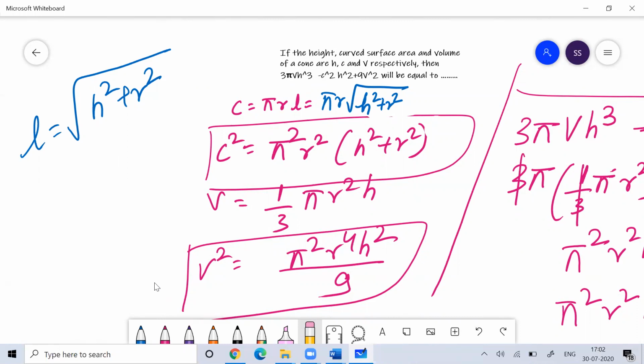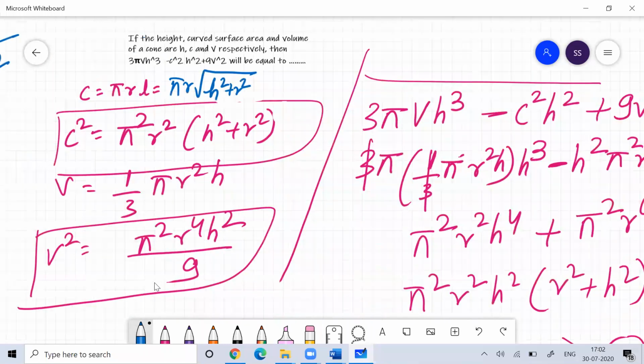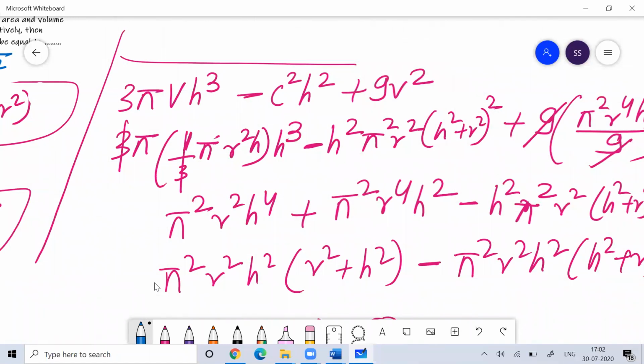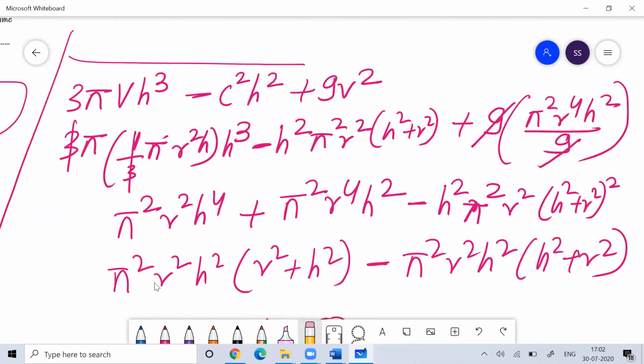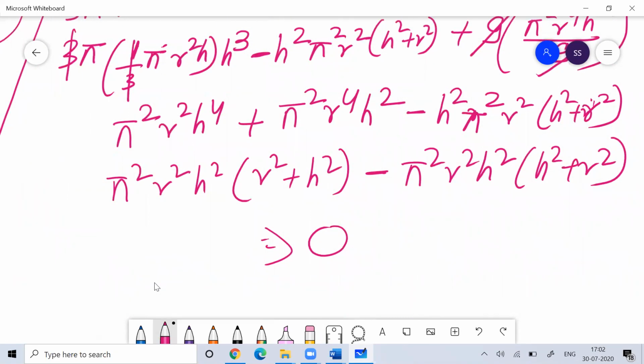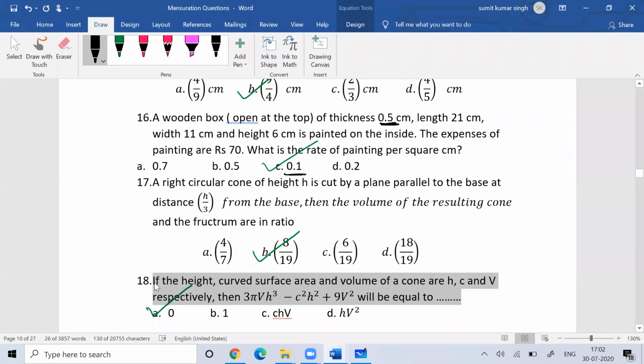Now here this will be this. Fine. This would be this. And so this will give you the answer 0. So the answer for this problem will be 0.